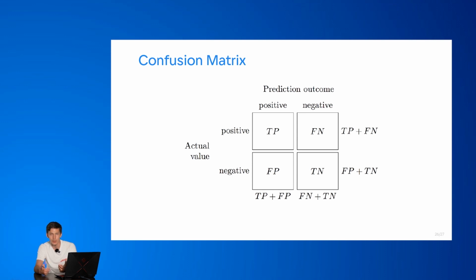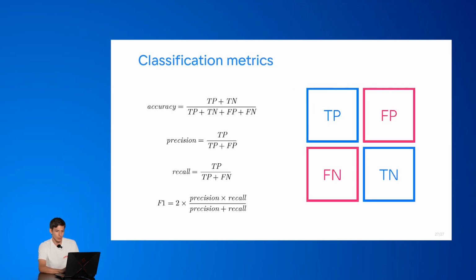There is a cool tool which is called the confusion matrix. It shows us the number of points that belong to each of these four classes, four variants. But what about metrics? We want numbers that will be meaningful. And there is an important difference between loss function and metrics.